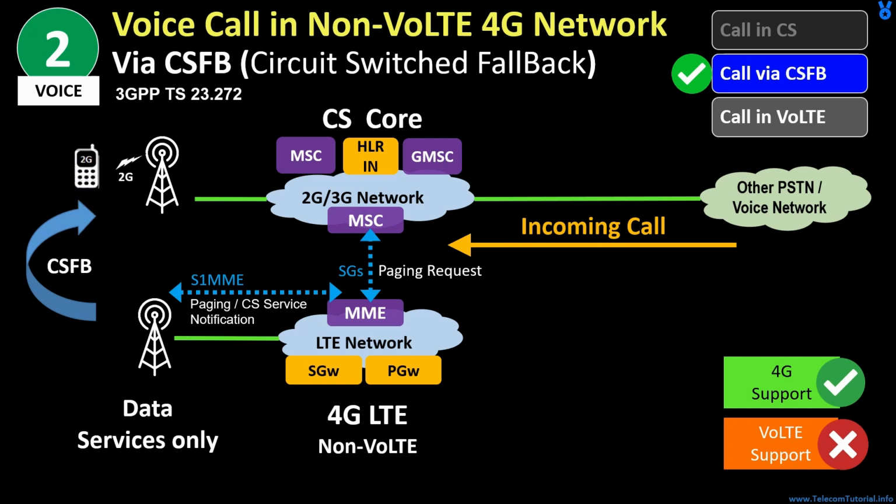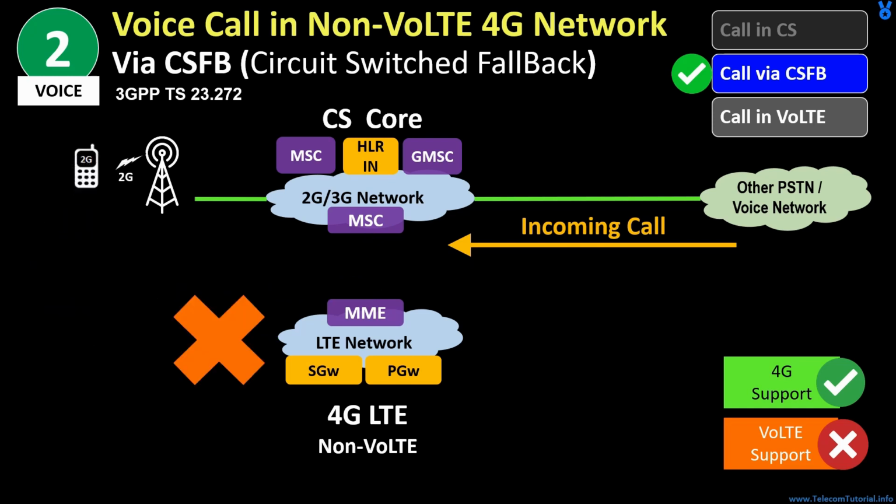Basically, the MME tells the user that there is a call for you and the user must move to the underlying 2G and 3G network. You can see the UE moving to the 2G 3G network in the diagram. Now the call is terminated to the user in the 2G 3G network and the CSFB process is completed.